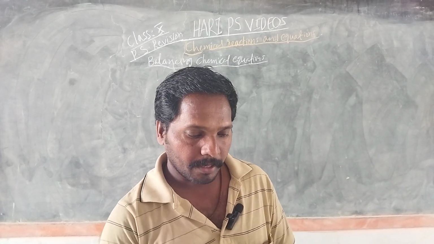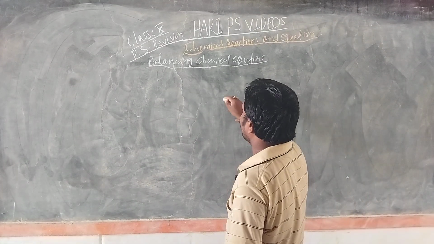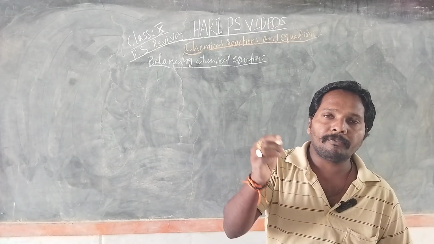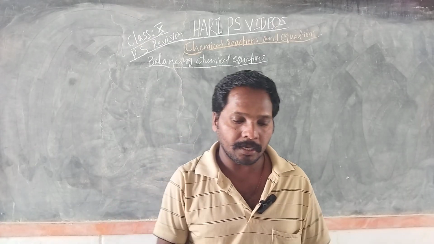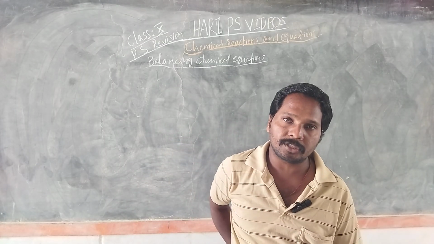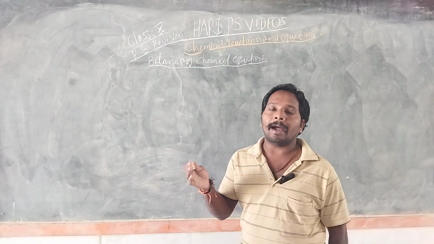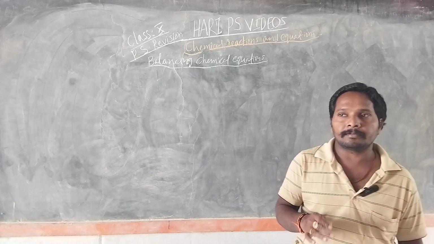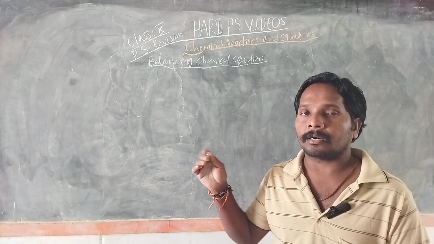A balanced chemical equation is the process of making the number of different atoms equal on both sides of an equation. We balance the number of atoms on both sides, the reactant side as well as the product side.